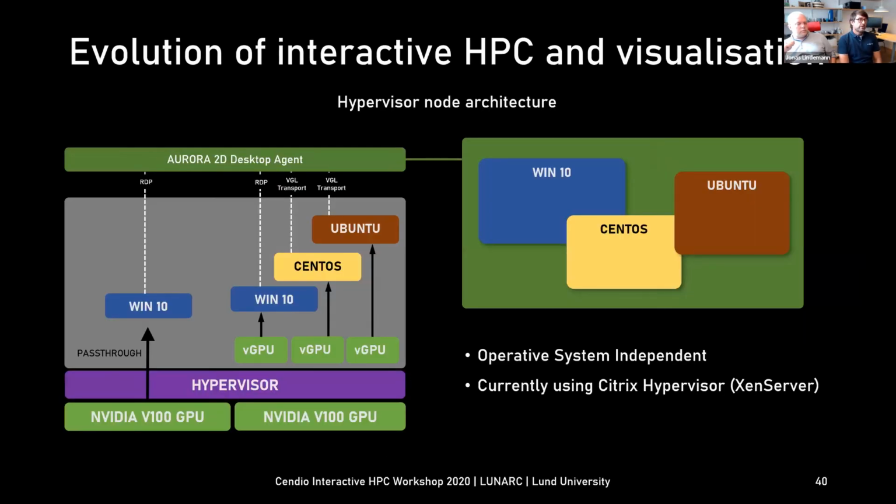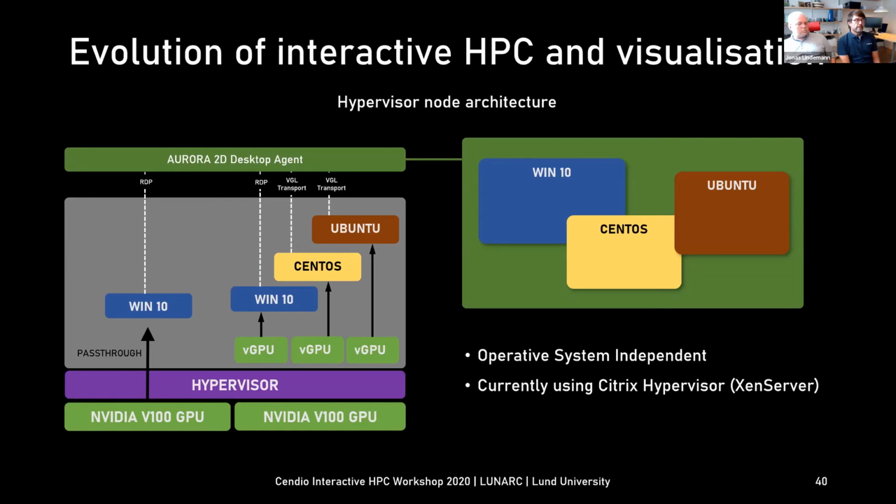For the hypervisor node architecture, we're using XenServer or Citrix Hypervisor. The hypervisor config is like this. We have a hypervisor with dual NVIDIA V100 GPUs. We can choose either to do a pass-through of the graphics to one VM. Here, I passed it through to a Windows 10 VM.